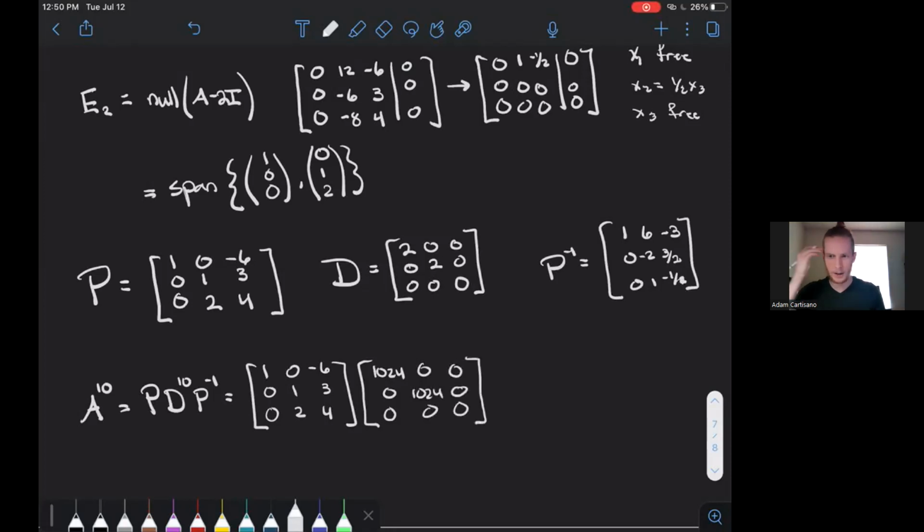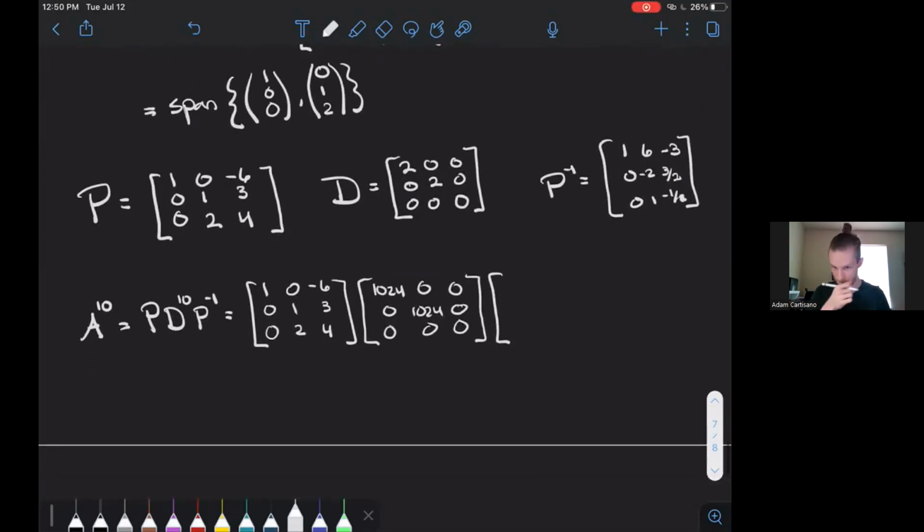Oh yeah, the raising to the 10th part of this whole discussion is an afterthought suddenly. And so if the rest of this discussion has other applications and becomes something that you've practiced a lot, now suddenly the raising to a power is just like, okay, I guess we have to do that too. Then P inverse: 1, 0, 0; 6, negative 2, 1; negative 3, 3/2, negative 1/2.